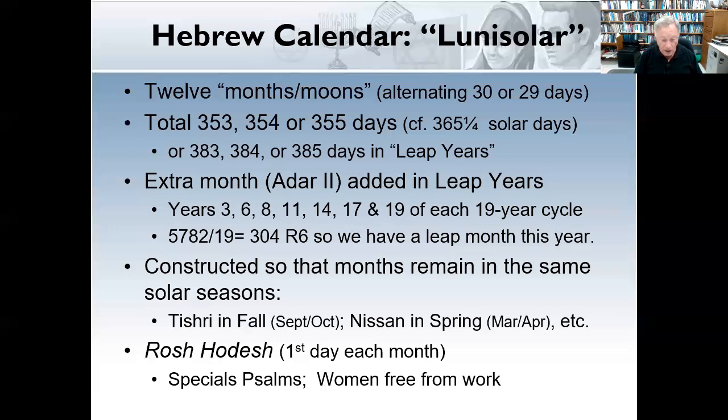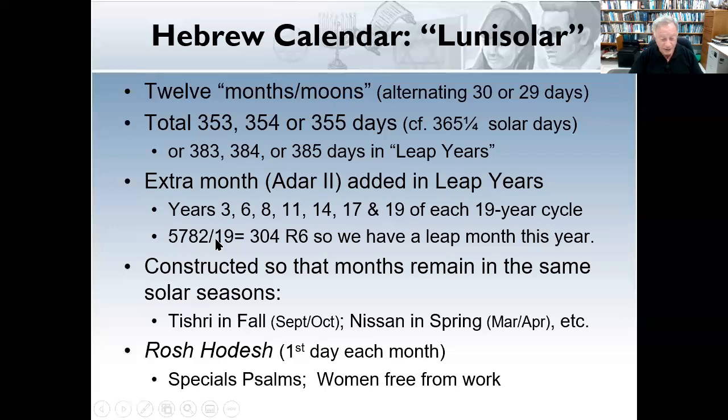So 7 times, in a 19-year cycle, we add the extra month of Adar, and it's called Adar Sheni or Adar 2. And it's in these years of the 19-year cycle. And I'm sure you're all dying to know how to tell whether any given year is going to be a leap year. In fact, in Hebrew, it's called a Shana Merubah, literally a pregnant year.